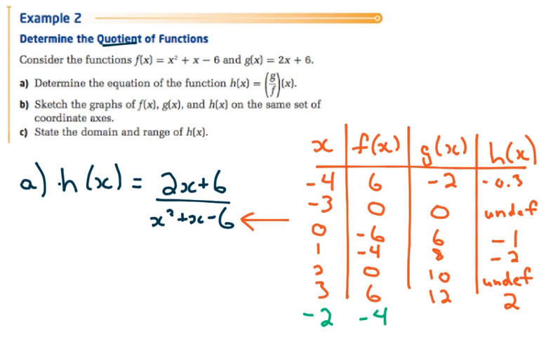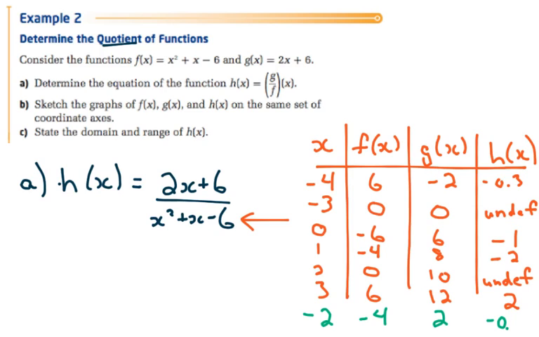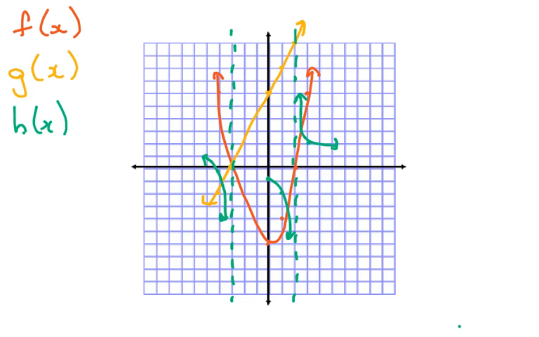Plug that in for g, we'll get 2. 2 divided by -4 is -0.5. So we have our last point at -2 and -0.5. Get about there. So you can tell this function, as it goes left there, is going to go like so, and hug the asymptote that way.